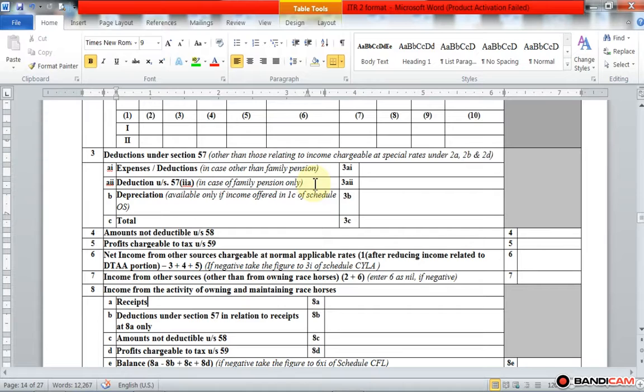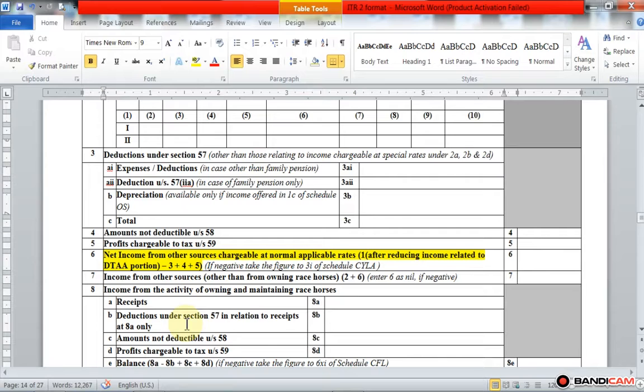Then net income from other source chargeable at normal applicable rate. So here we get the net income from other source, that is point number 6.